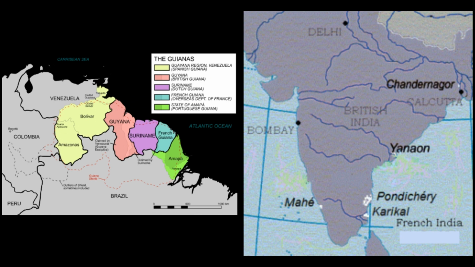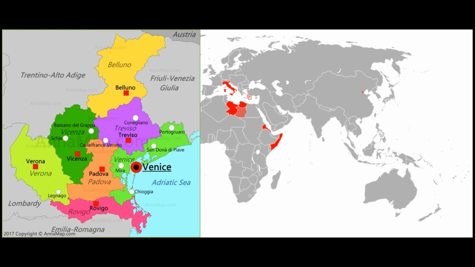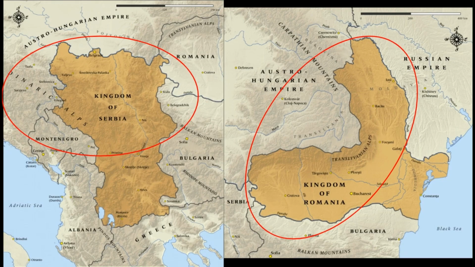Austria-Hungary, for its part, retook the state of Veneto, which holds Venice, from Italy, as well as all of Italy's African holdings. They also took northern Serbia, and they puppeted what I'm going to call interior Romania.